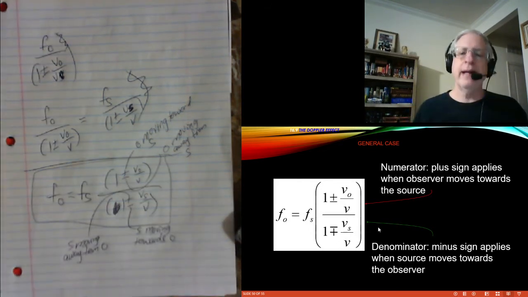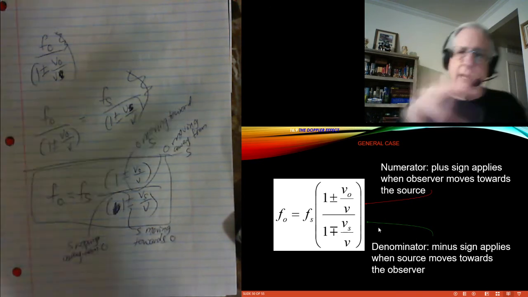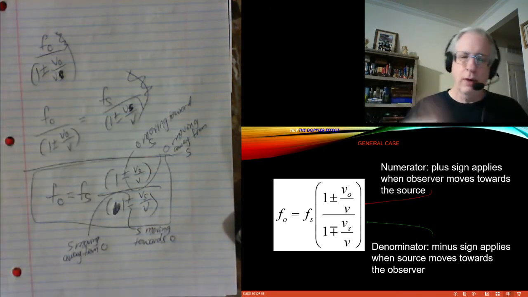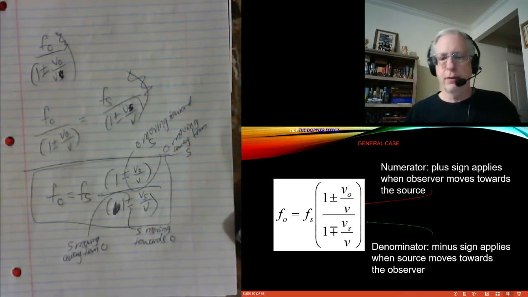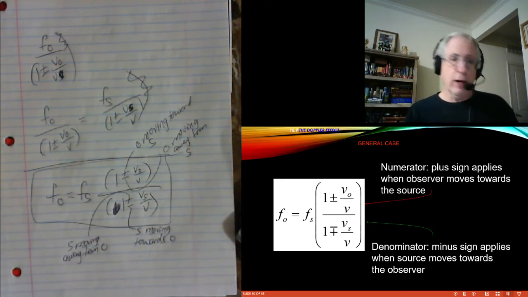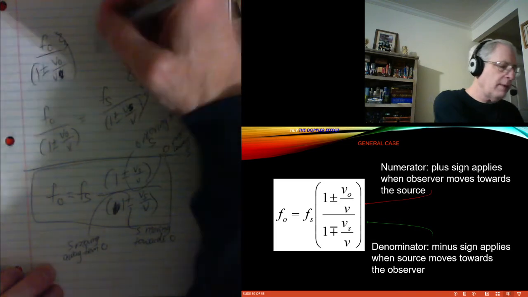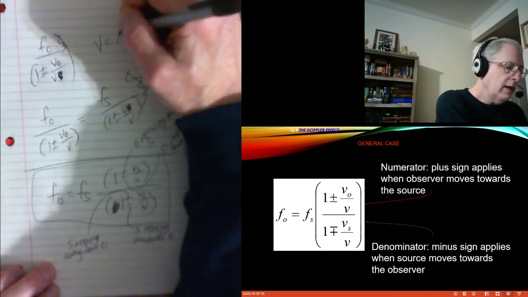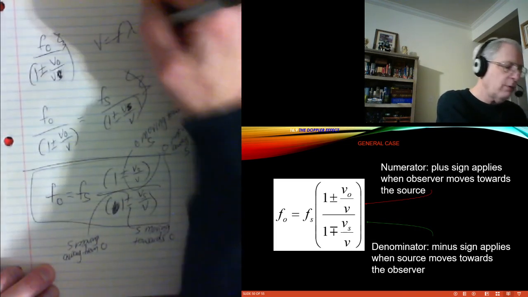So this slide right here will answer every question I could give you on the Doppler effect. In college, you might get a little bit more complex because you may need to remember also that velocity is frequency times wavelength.